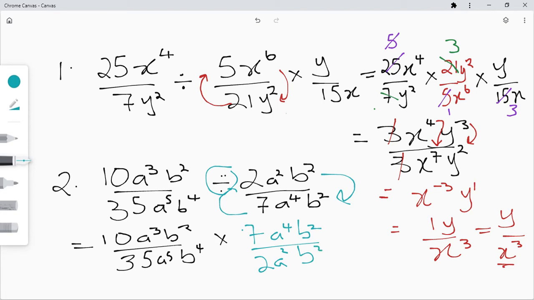So unlike the previous example, here we can just do our operation from here.